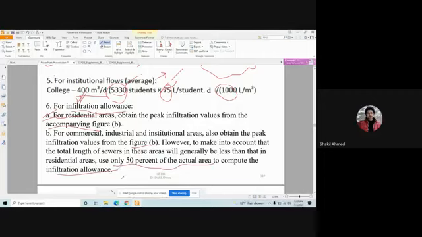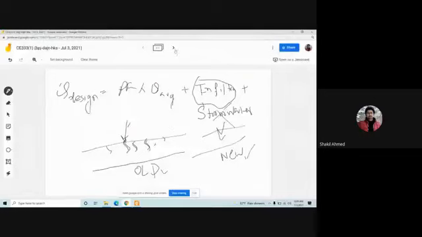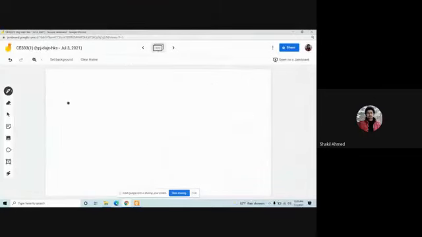That means, let's take two areas. Okay, this is residential area.